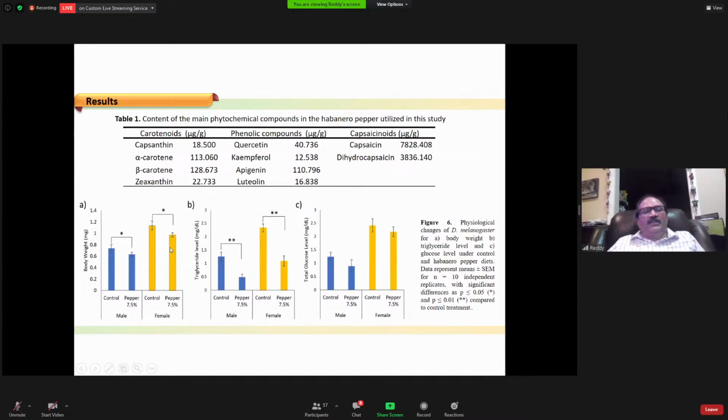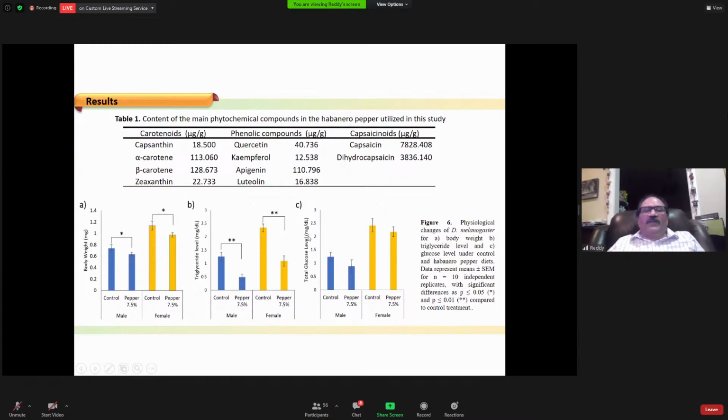In the female, it is a much higher reduction in the weight. The triglycerides, one of the nastiest things that predisposes us to diabetes, the triglyceride percentage is really reduced, highly significant in female as well as male flies.